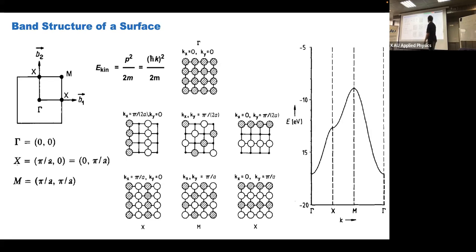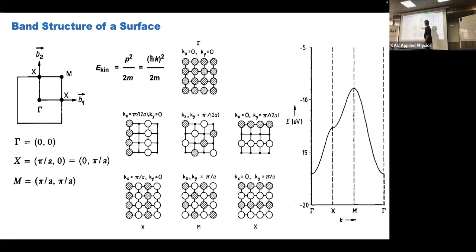What will be this point? It will be M point here. No, it's X point, X point. So this can be X point. And then we can move them. We can take this chain with bonding, anti-bonding and move it. Here will be anti-bonding, here will be bonding.